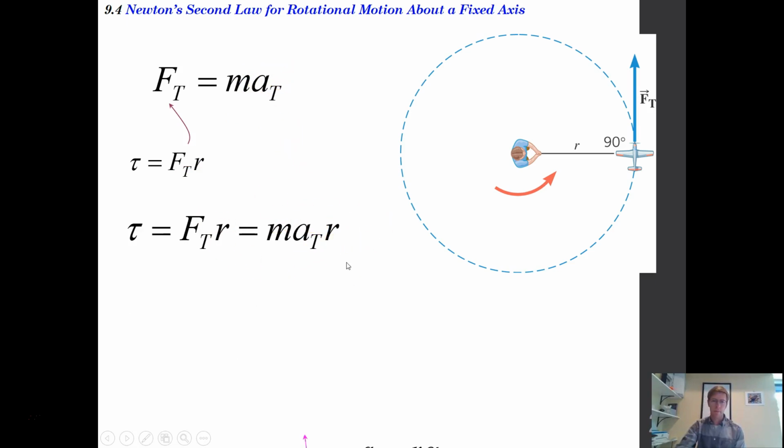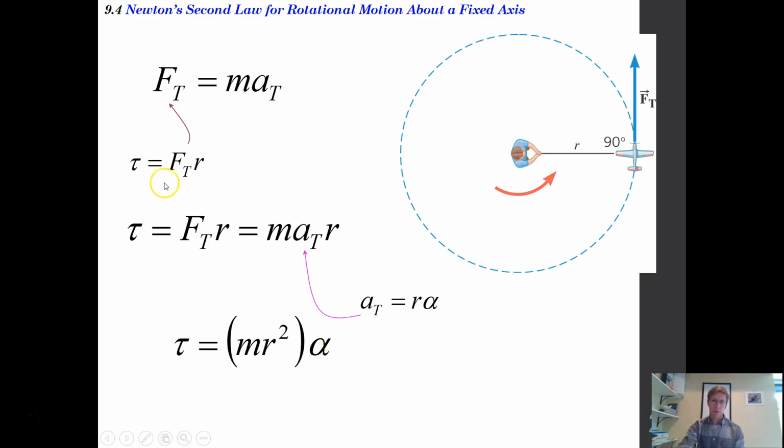Now we know that this acceleration, since it's in the forward direction and tangent to the direction of motion, is a tangential acceleration for the circular motion. We know from last chapter that tangential acceleration is r times alpha, so we can plug that in. And what we find is that our torque equals m times alpha times r squared. Rearranging that, torque equals m r squared multiplied by alpha.